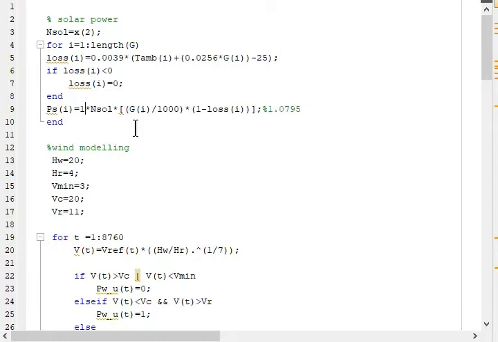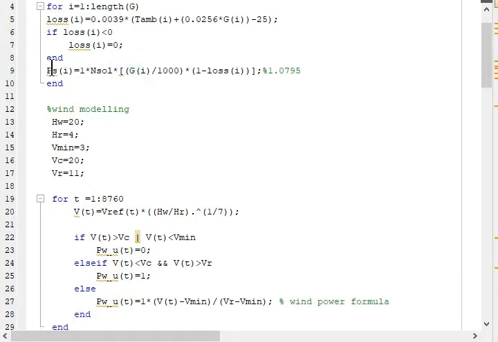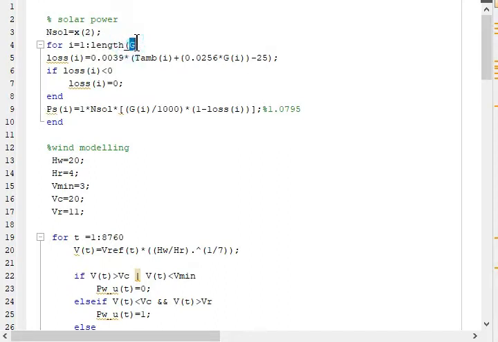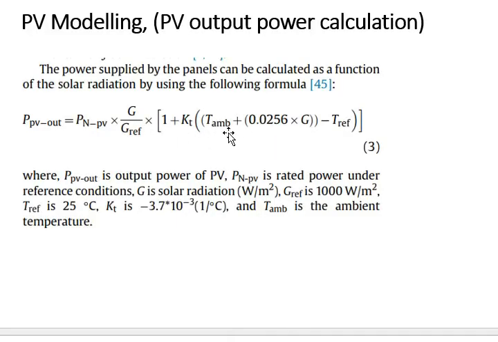Then 1 minus loss, times G over Gi. It will calculate throughout the length of the G irradiation and temperature arrays. For a PV model you have two arrays: one includes the solar irradiation, the next one the temperature. The lengths of both these will be the same.